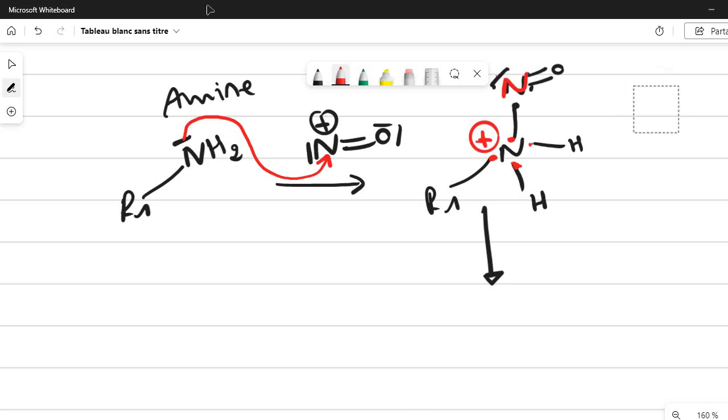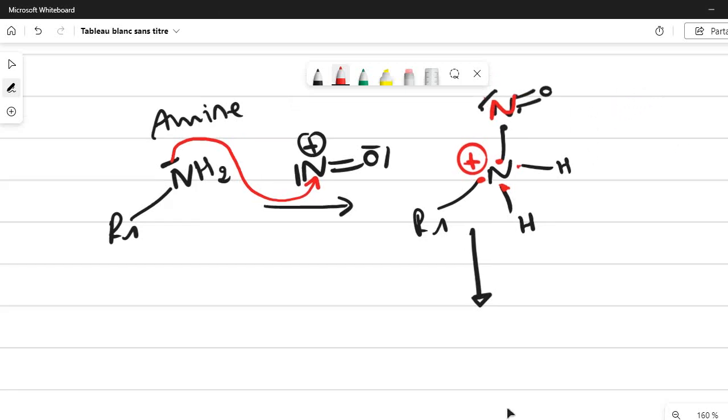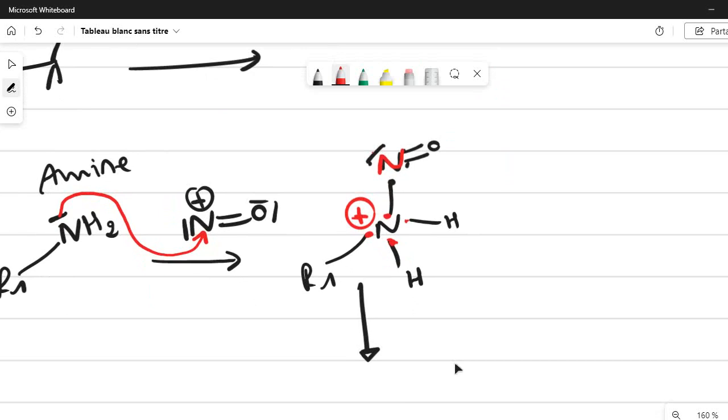So we are going to, let me just zoom in, sorry, focus on this molecule. Before we do this, having a positive charge on the nitrogen is not a good idea, okay? It is something that the nitrogen doesn't like.